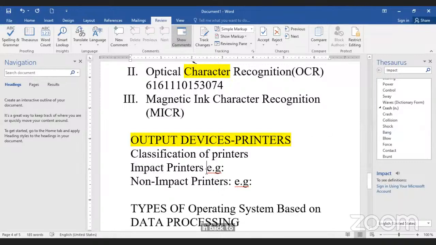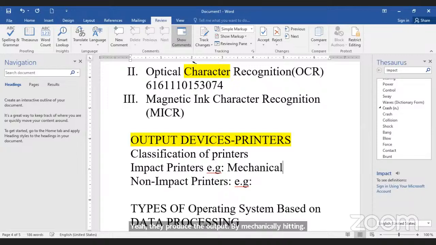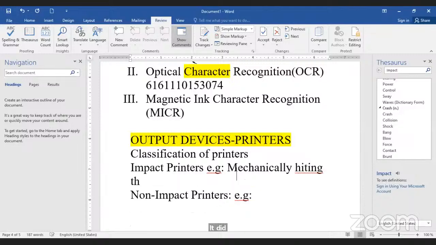So it means that these printers, they crash, they bang. They produce the output by mechanically hitting the media.